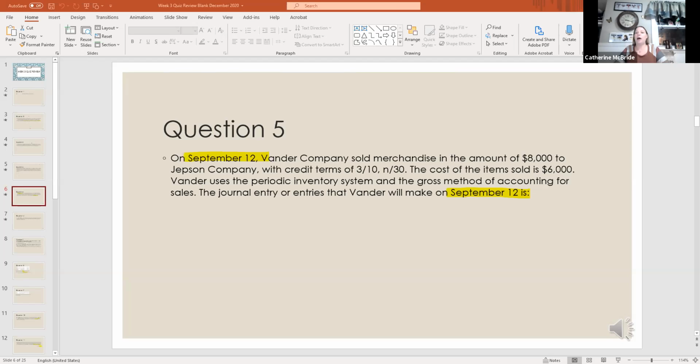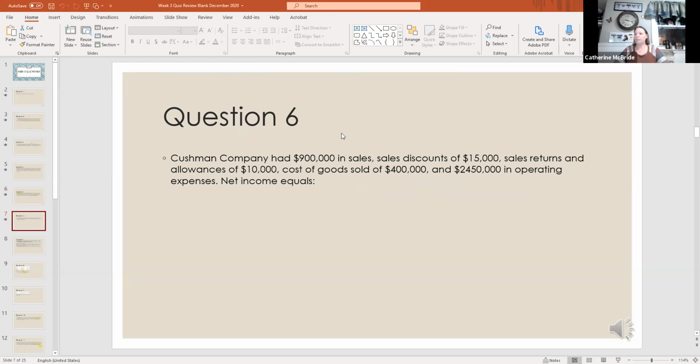All right, now we're going to look at what net income looks like with all of these allowances and discounts and everything. So we're going to do net income. Cushman Company had $900,000 in sales. We know that's obviously part of net income.